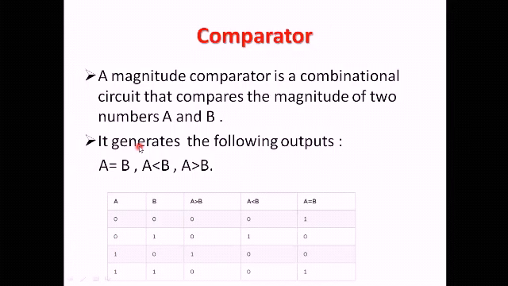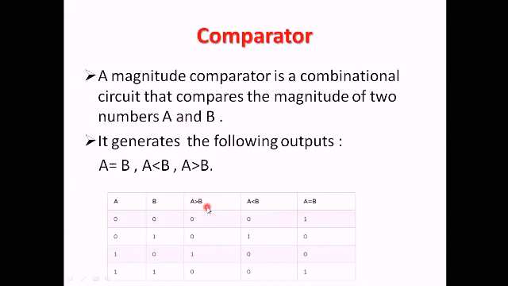A is of 1 bit, B is of 1 bit, and there are 4 cases, and it will be generating 3 outputs. The first output is A is equal to B. Second is A is less than B. Third is A is greater than B. These are the 3 cases.